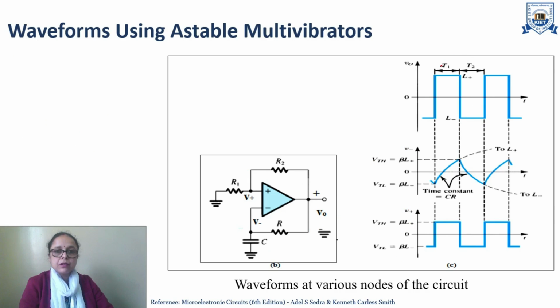Now, the generation of the waveform depends upon various parameters, and the most important parameters are R and C. Why?